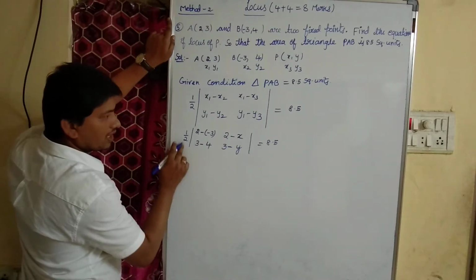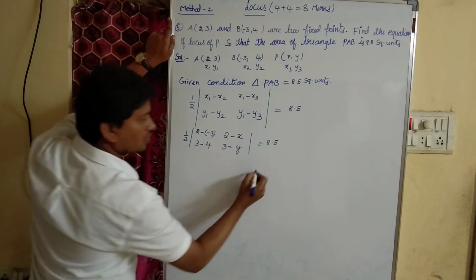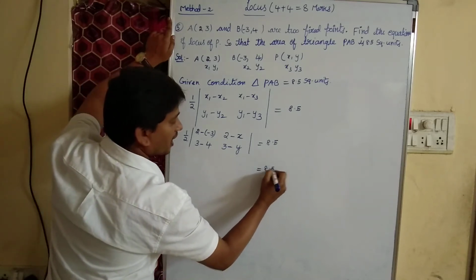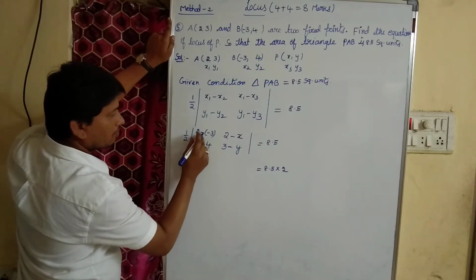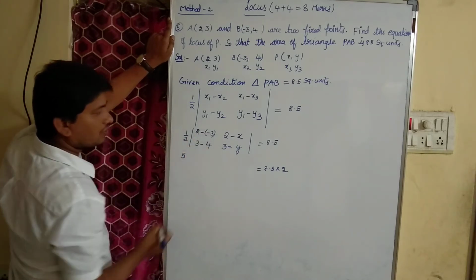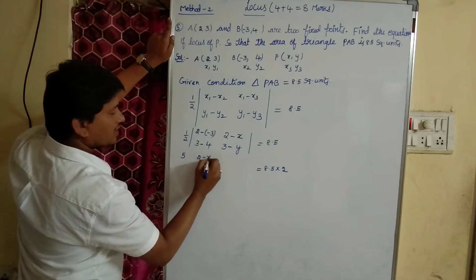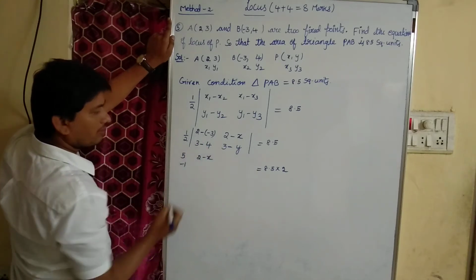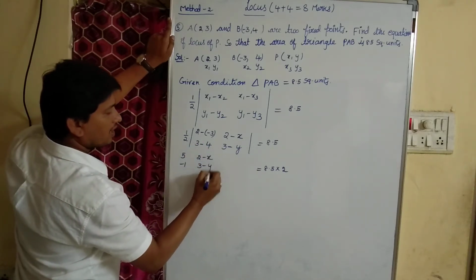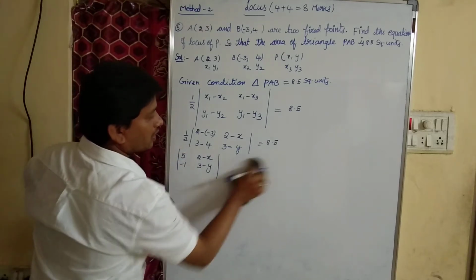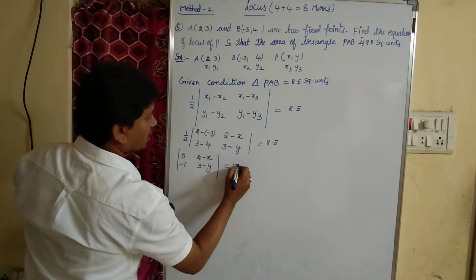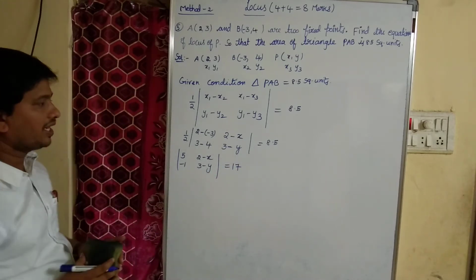Again here 2 is multiplying, transpose, so this will become 8.5 into 2, right? So 2 minus minus 3 is plus, that is equal to 5, and this is 2 minus x, 3 minus 4 is minus 1, and this is 3 minus y, which is equal to 8.5 into 2, that is equal to 17, children. 17, right?